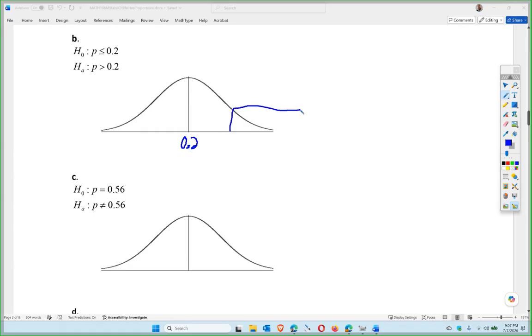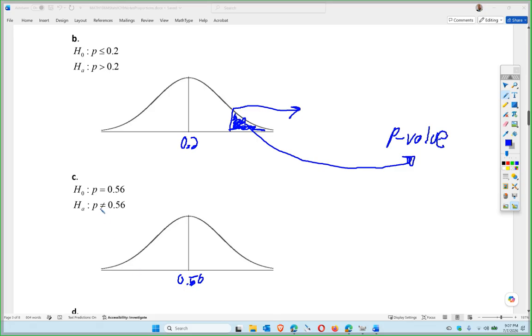So we have a p-value over here, essentially, as to what that area is. When I say p-value, what I'm really saying is probability value or proportion value, which is area. Area is probability or proportion in statistics for us. Let's say we have a not equal to one. We believe 0.56 is the true population proportion.